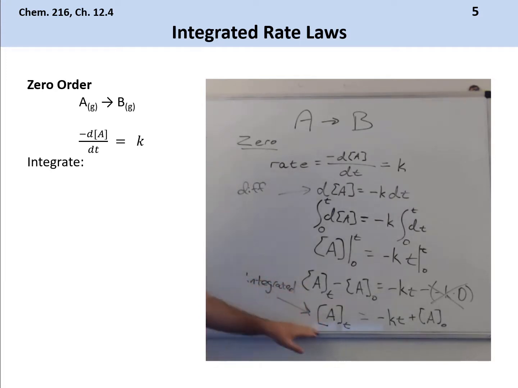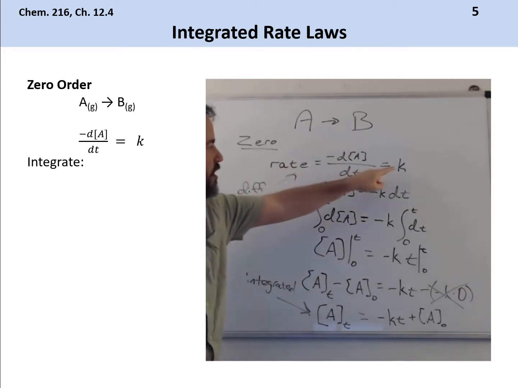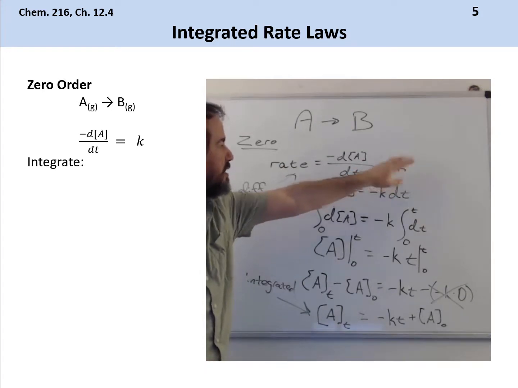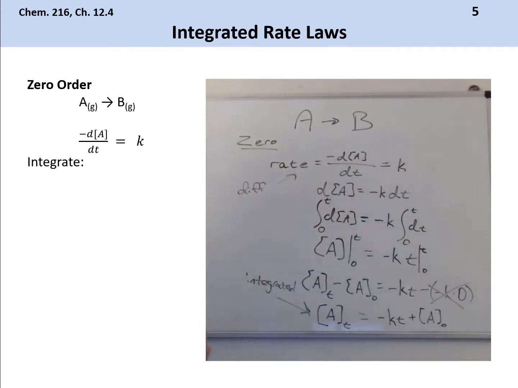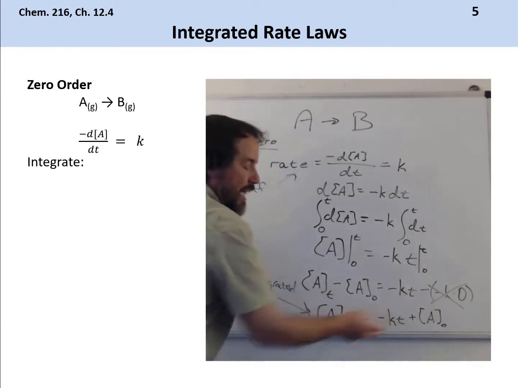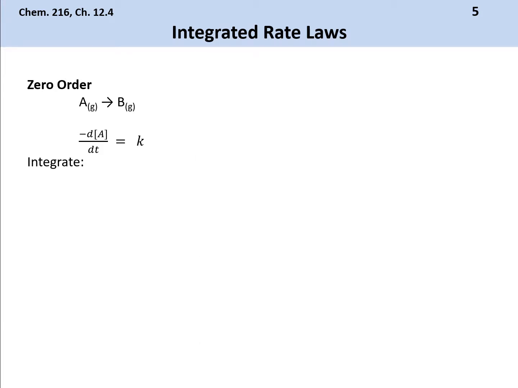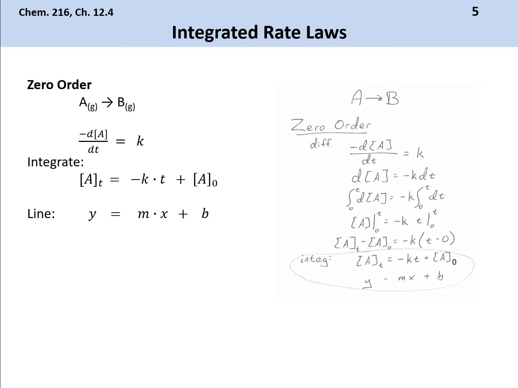Notice the difference. Differential rate laws relate the rate to some constant and in some cases concentration, whereas integrated rate laws have concentration and time, right? All right, so let's look at this on the screen.